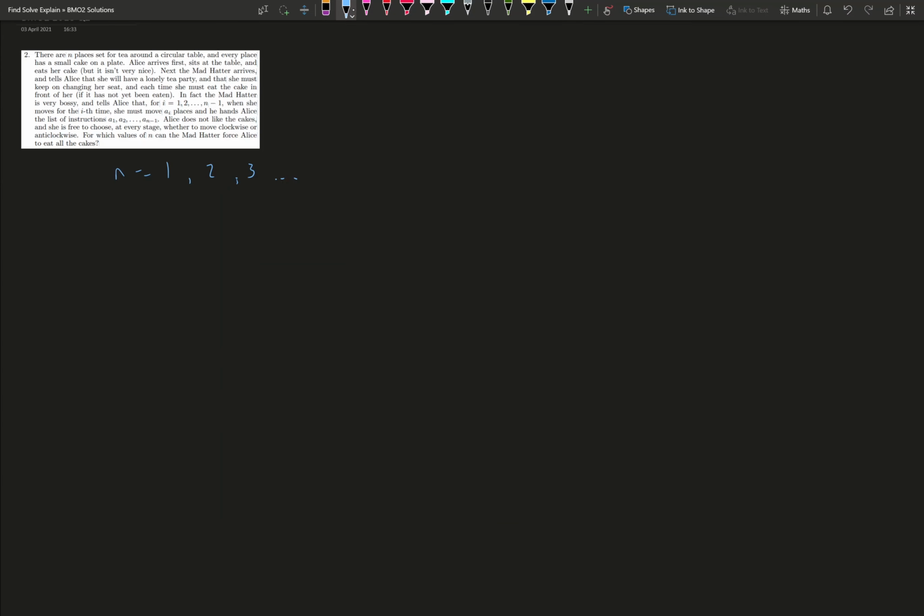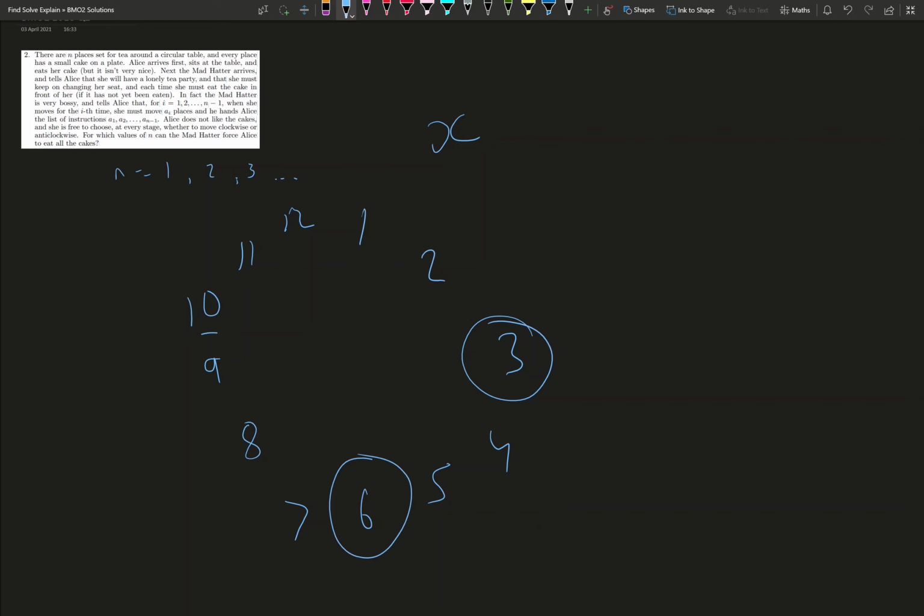I will now prove why the Mad Hatter fails if n is not a power of 2. Let's name each position going clockwise, 12 for example, and let's say she starts on 1. If we call this greatest odd divisor x, so for 12 it would be 3, and we have to avoid the positions which are multiples of this, so that would be 3, 6, 9 and 12.